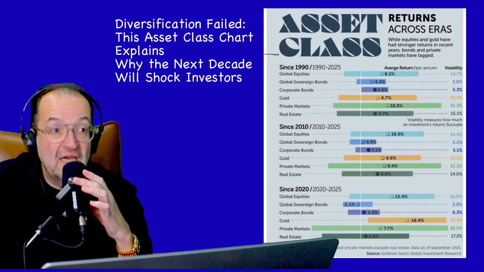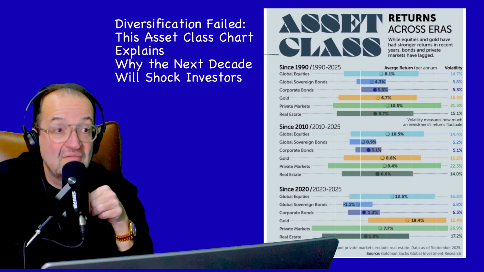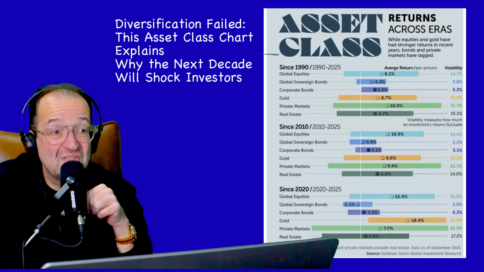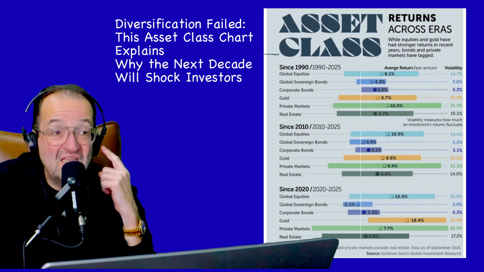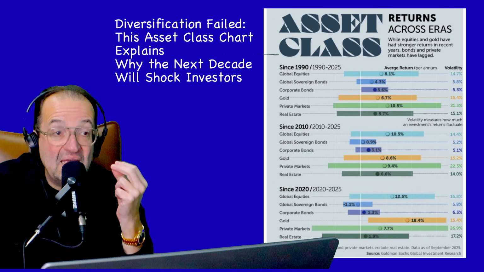Take a look at corporate bonds, 3.1% return. Almost no return. Gold, 8.6%. Gold outperformed bonds. That should have been a warning. Look at real estate, 6.6%. Again, rate driven, not income driven. Key takeaway for era number 2: returns became policy dependent, not productivity dependent.